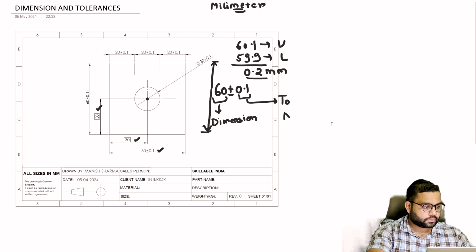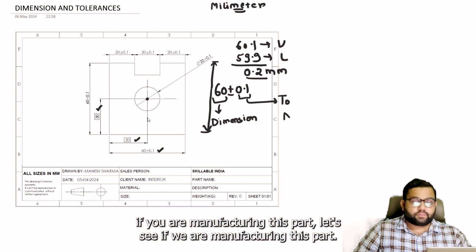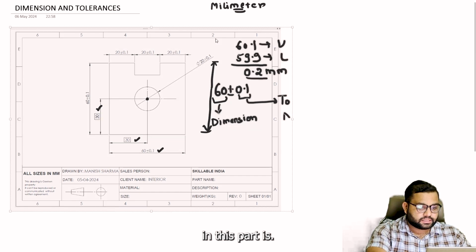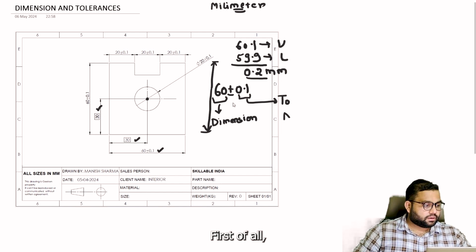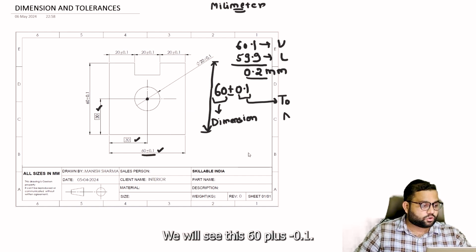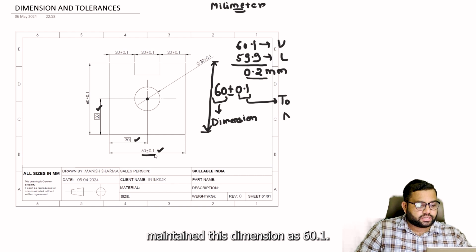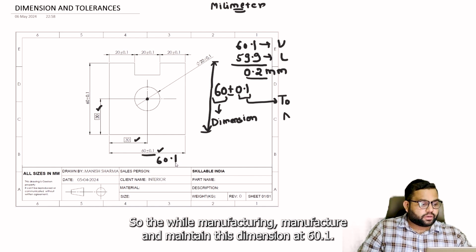When you take this drawing, let's say we are manufacturing this part. The first dimension we will meet is this 60 plus minus 0.1 mm. Let us say the manufacturer maintained this dimension at 60.1 mm.